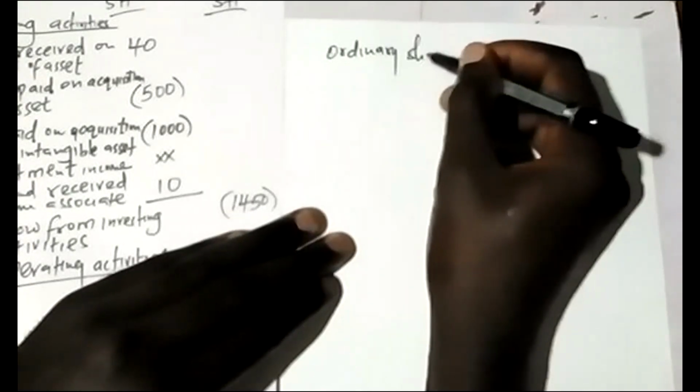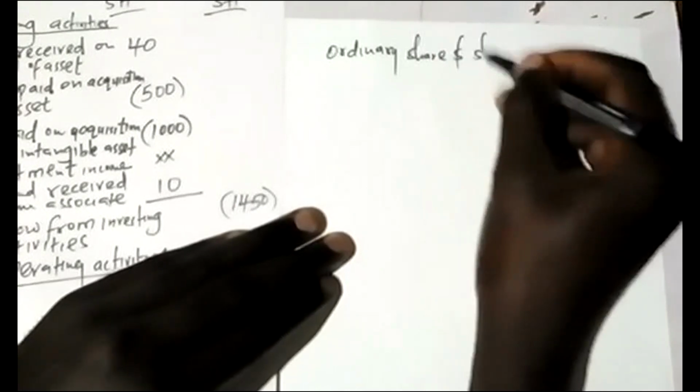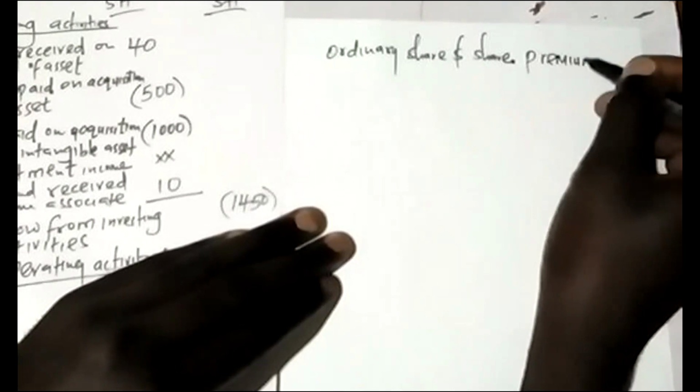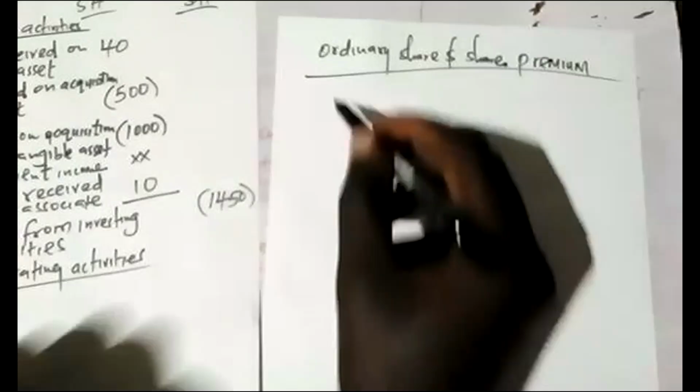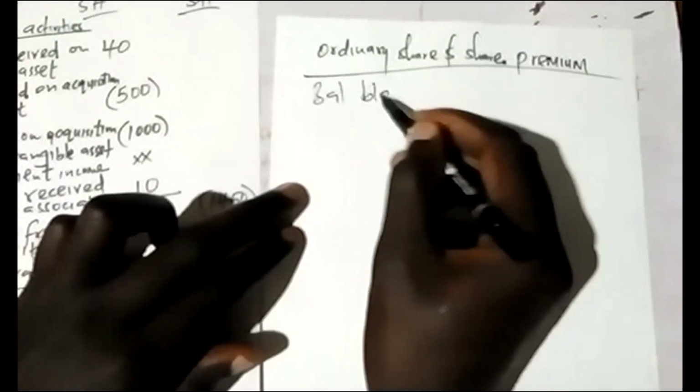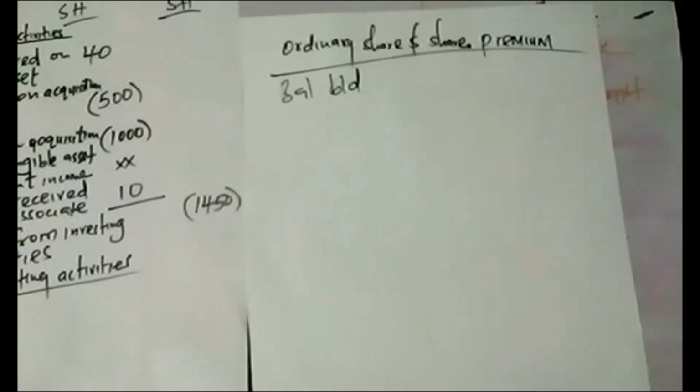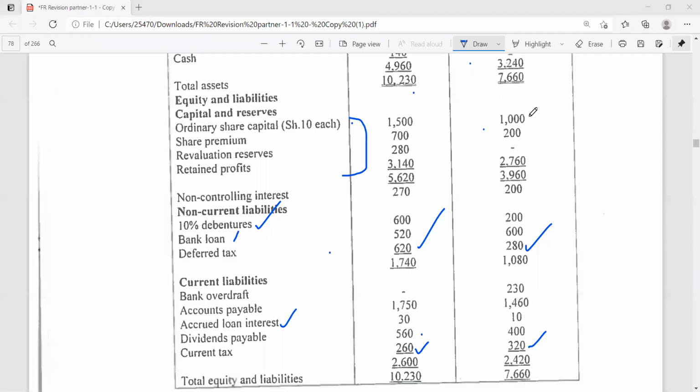So ordinary share capital and the share premium, that one you combine. So the balance production there is the two of these. Which means that 1,000 plus 200, that is 1,200.